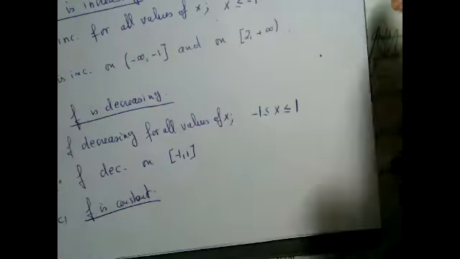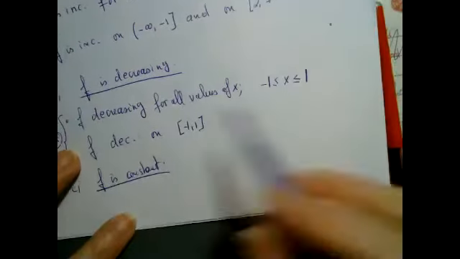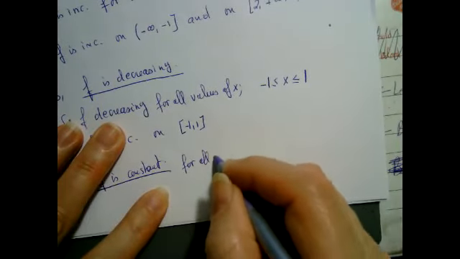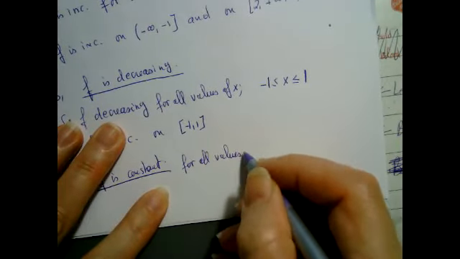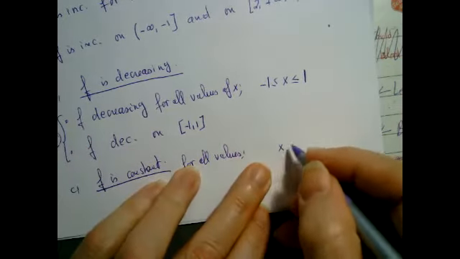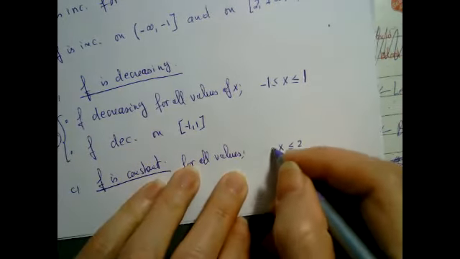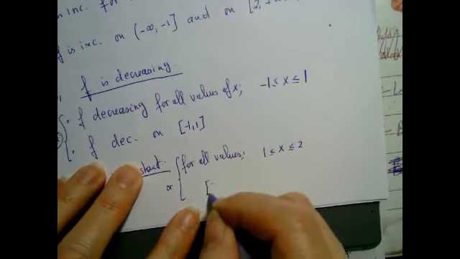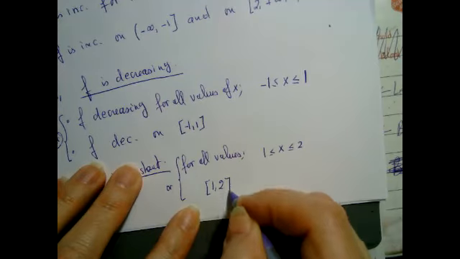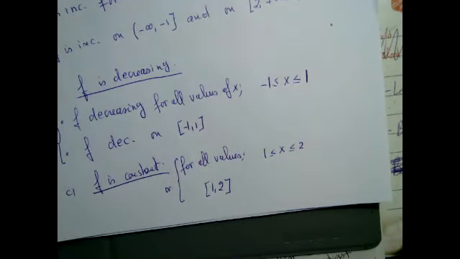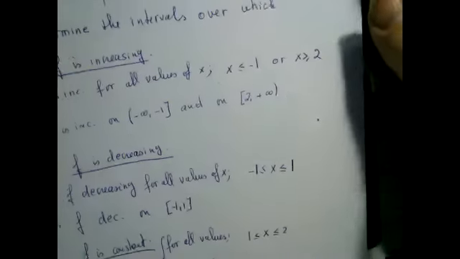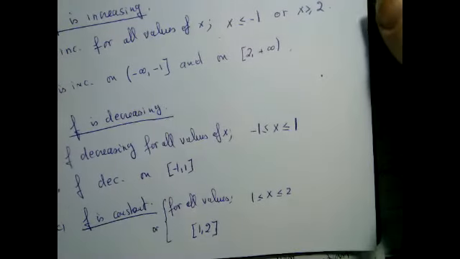So f is constant for all values of x such that x is bigger than 1 and less than 2, or on the interval (1, 2). Both mean the exact same thing. All right? Question?